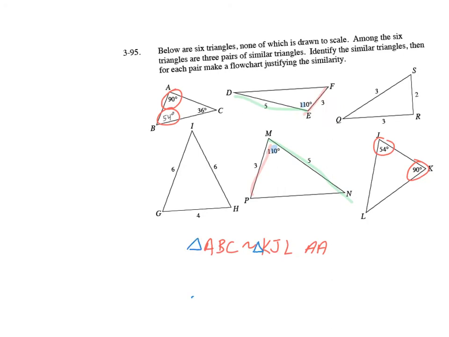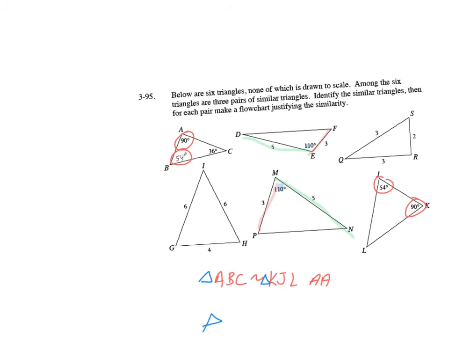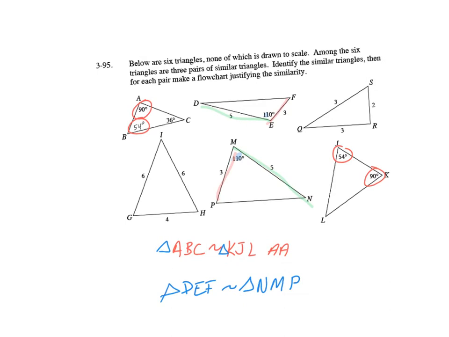I should do that. Triangle DEF up above is going to be similar to triangle. Now side length D corresponds with N, and M corresponds with E, and then F would correspond with P. So triangle DEF is similar to triangle NMP, and my reasoning for that one would be by side, angle, side similarity.